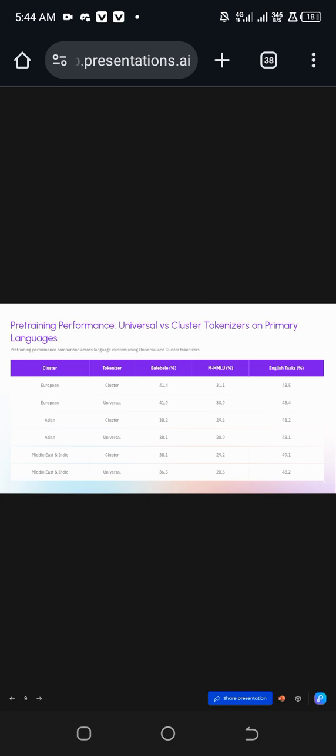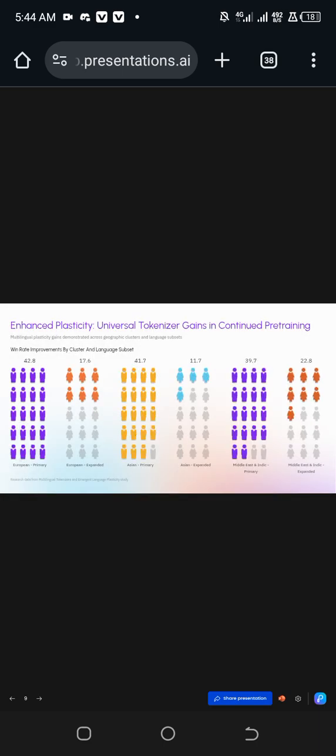Then we have universal versus cluster tokenizers. Yeah, the universal one outperforms most of them. It was basically the point of the paper. Even the respective gains and improvements were outperformed by the universal tokenizer, even in continued pre-training.